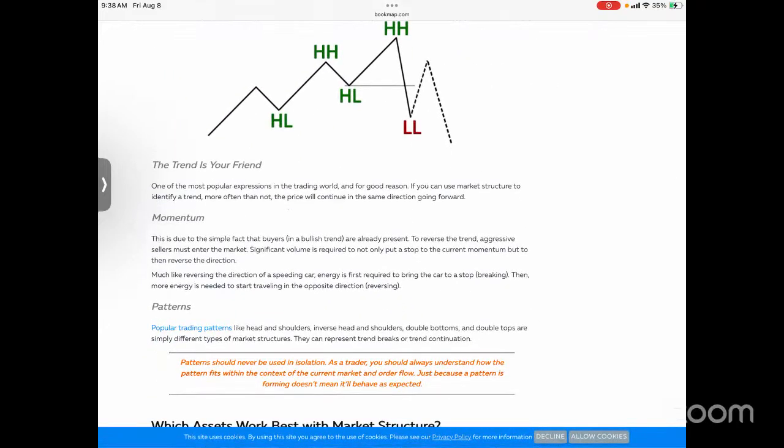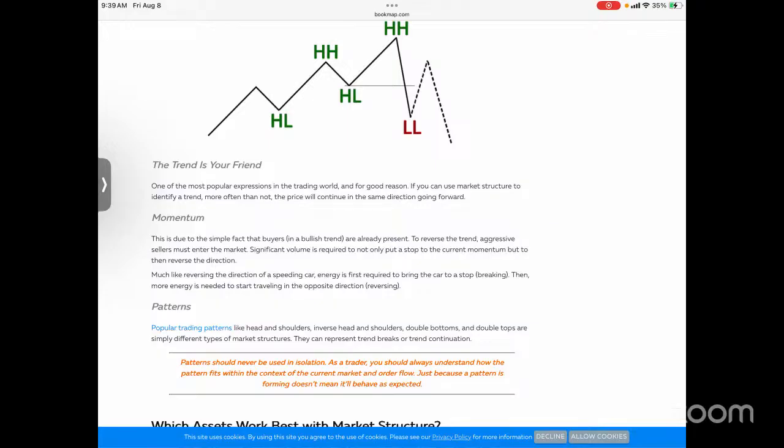The trend, you guys will hear this a lot. You probably heard this at the free game tour. The trend is your friend. So there are people that say buy the dip. I'm sorry, that's wrong. You don't buy the dip until price hits a support level.